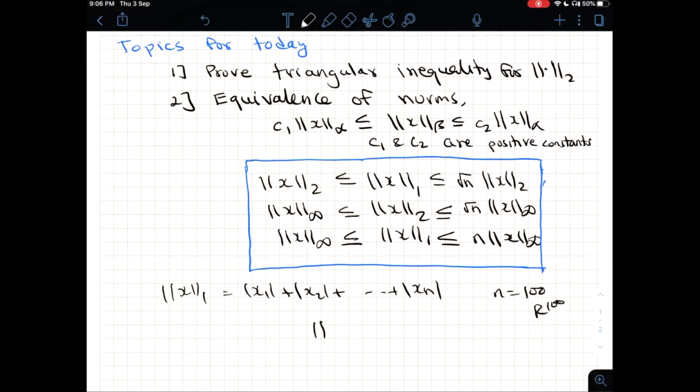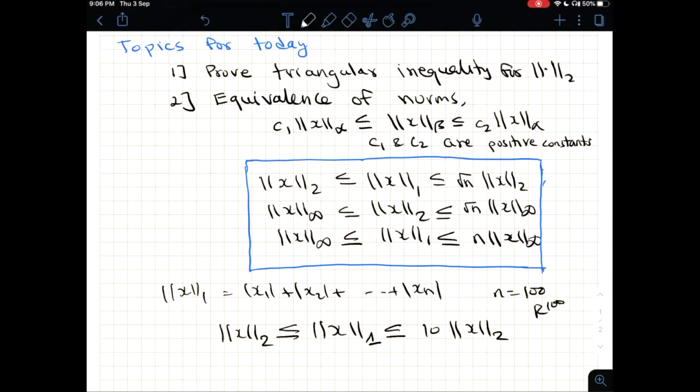Then for any vector x, its first norm, on the upper side, could go as much as 10 times the second norm of x, and on the lower side, it would be as low as the second norm of x. So on the lower side, the first norm and second norm could be the same.